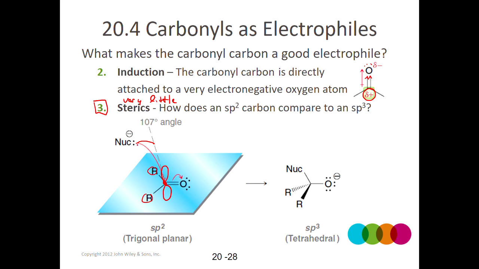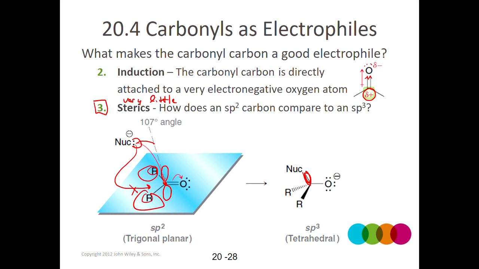So it's not coming in here. If it were coming in there, then sterics would be an issue because these big R groups are blocking out the approach into that plane. But that's not where we'd expect it to approach, because the nucleophile's orbital is going to come in here and form a new sigma bond, which is going to result from head-on orbital overlap between the nucleophile and the carbon.